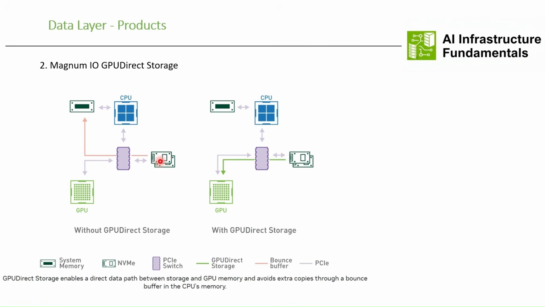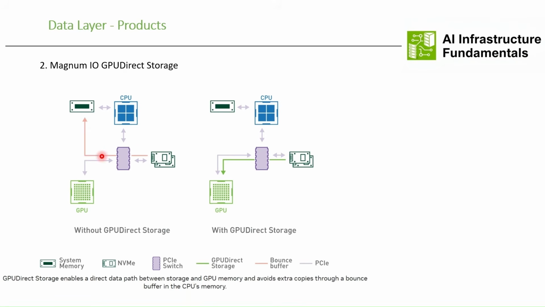GPUs are the thing that do math, the model training. So when data passes without GPU Direct Storage, it has to hop to the CPU memory as well. As you can see, this orange line goes to CPU memory.